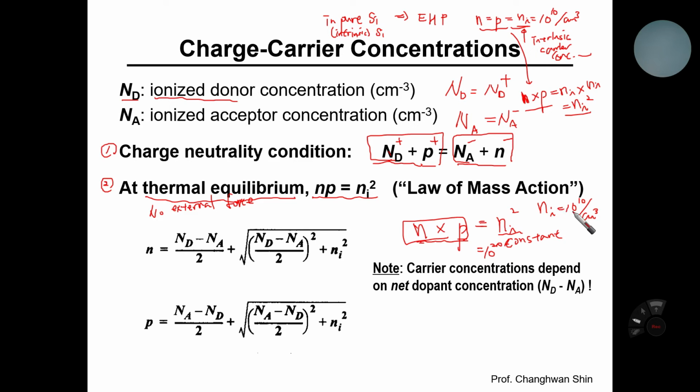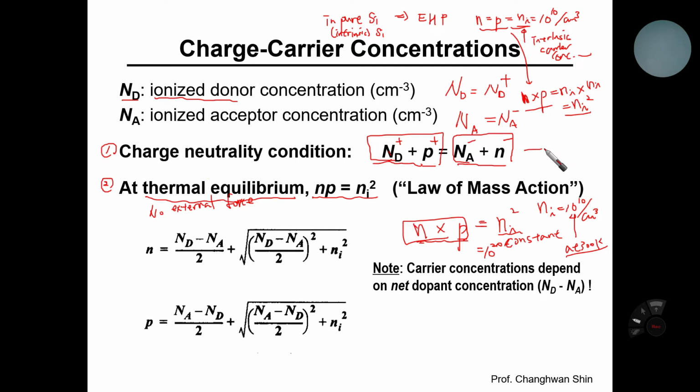Note that this number has been obtained at room temperature, or 300 Kelvin. With increasing temperature, the value of n sub i also increases. And all these numbers are for crystalline silicon material.